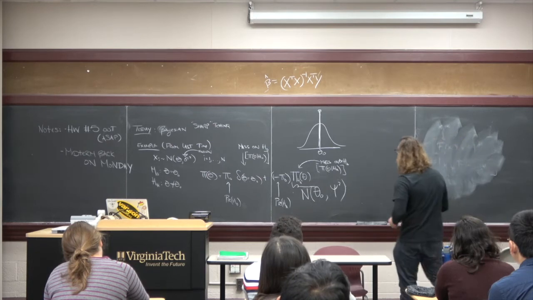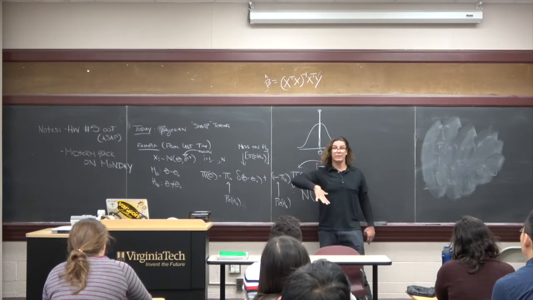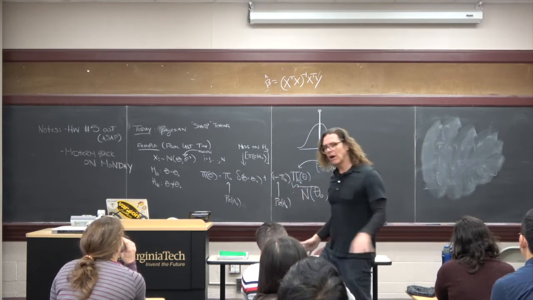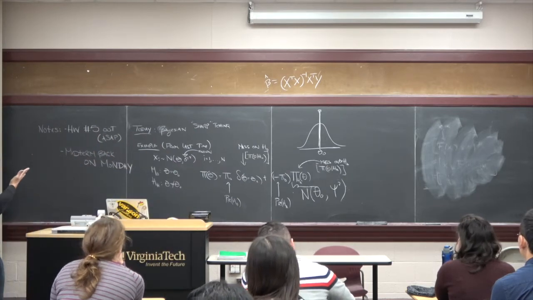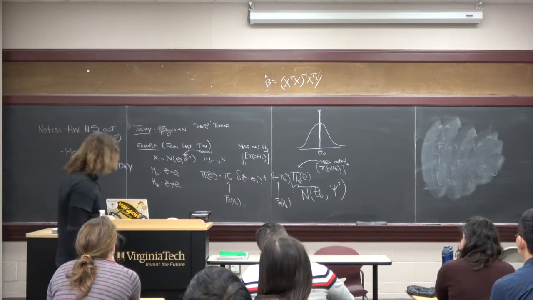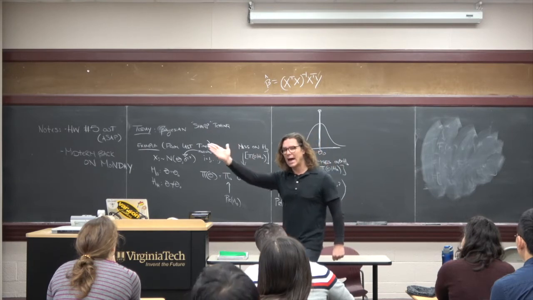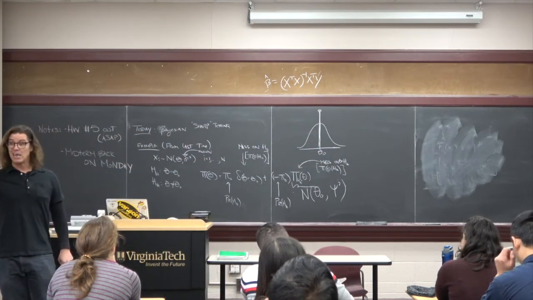And the repercussions to doing that are the rates at which you'll accept the alternative and the null as a function of n. So I'll just shout out the result: when you work through everything and you get the posterior probability of the null, that's what the Bayesian wants, the posterior probability of the null given the data. If the null is true, you'll support that exponentially fast as a function of n.